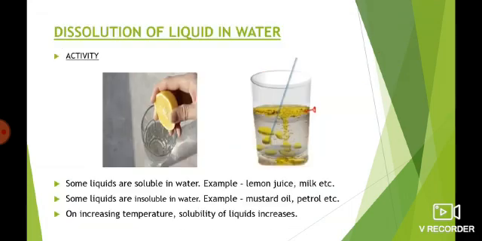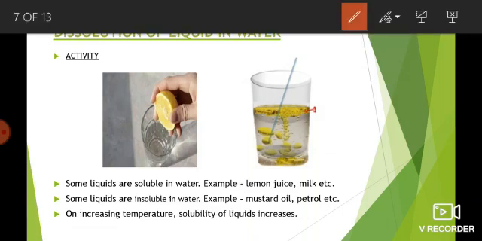Now we will see dissolution of liquid in water. Till now we saw dissolution of solids in water. Again we will do an activity. We will take 2 glasses, as you can see, and we have to fill them half with water.